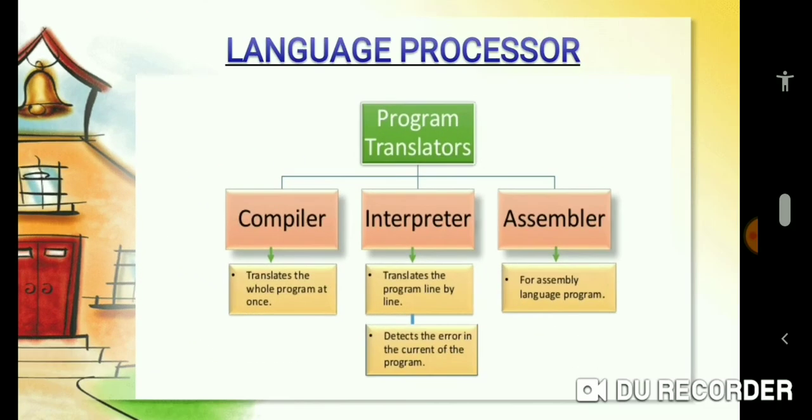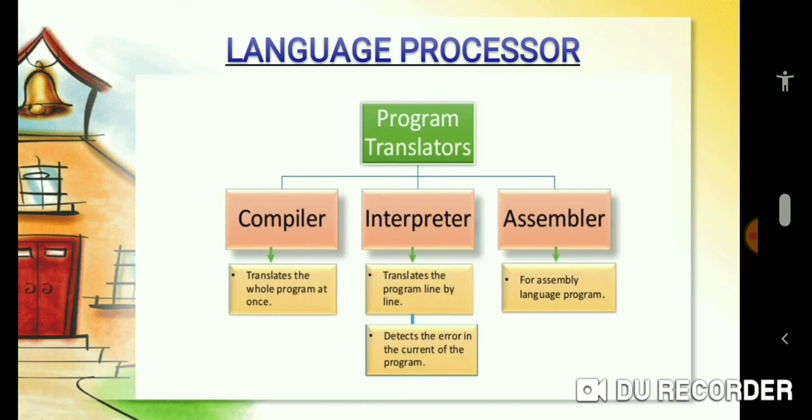And next, language processor. Language processor is the software program that is used to convert one language into another. Here, I want to discuss one example. Suppose, students, in your summer vacations, you go to some foreign country like Spain, and there you don't know Spanish. Then how can you communicate with the people of Spain who don't know English?